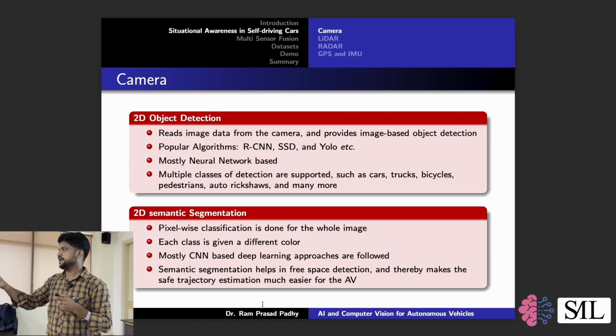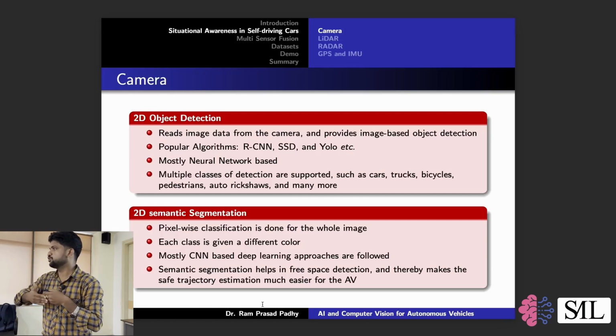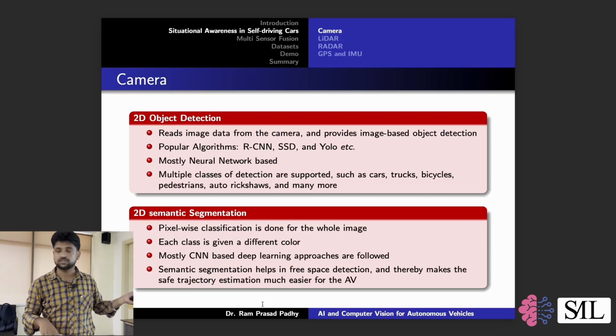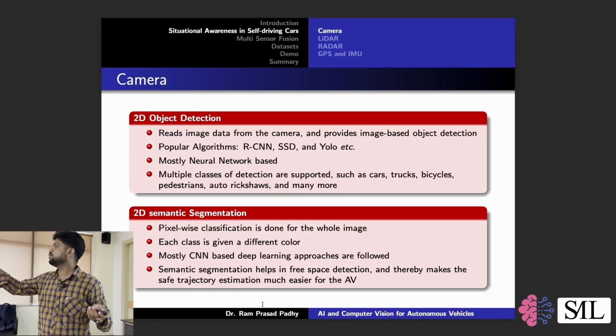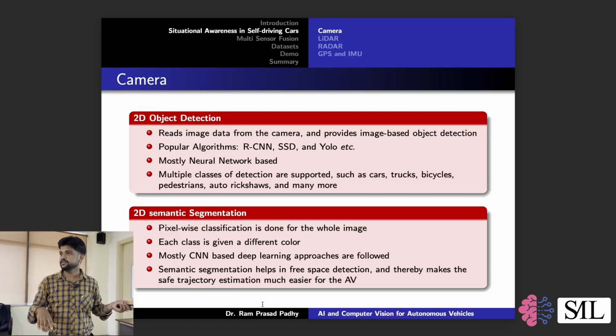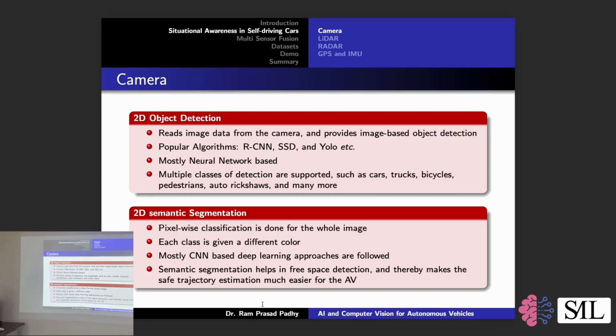But again, the biggest problem is that just knowing where they are on the image plane is not going to help, because the distance needs to be known. What is the distance with respect to the vehicle? That needs to be known, and that problem is not solved by 2D object detection. We will see how it can be overcome using other sensors. Any questions?